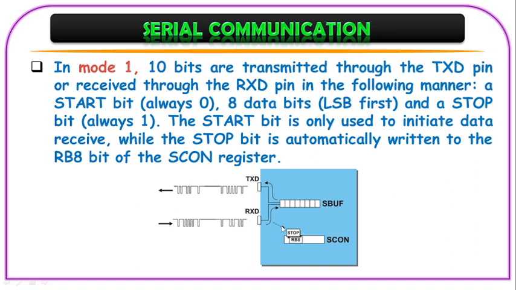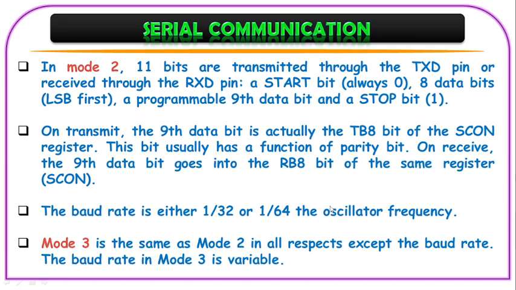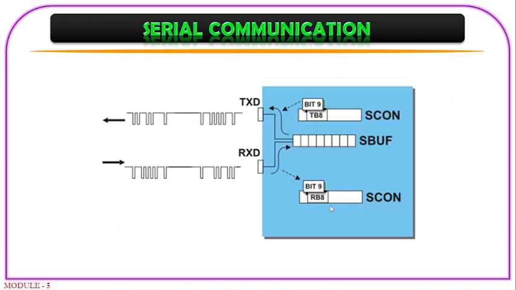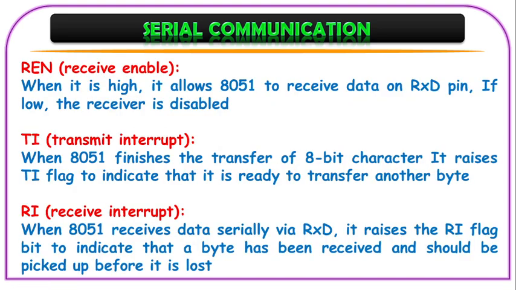And the ninth bit will go to RB8 and TB8 while receiving and transmitting. Mode 2 and mode 3 we need not spend time on. As I told you, this bit 9 will come from TB8 while transmitting, and while receiving it will come to RB8 of the SCON register.